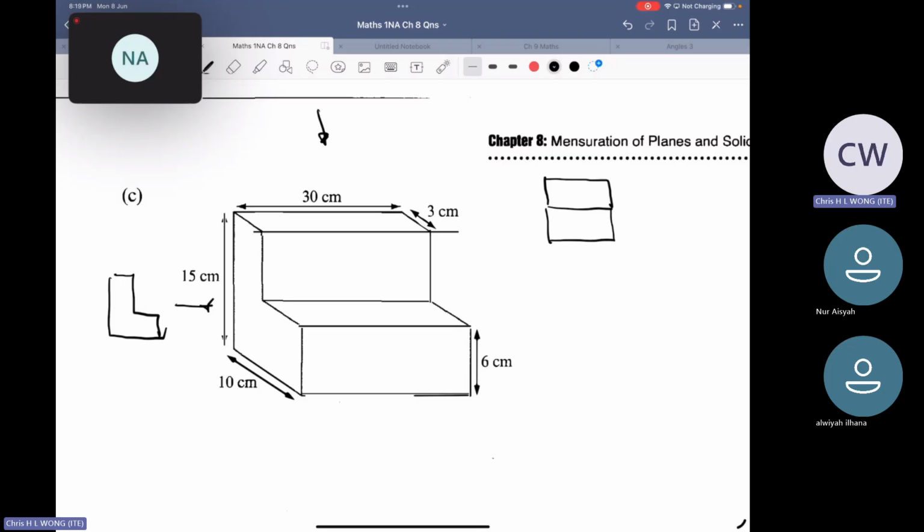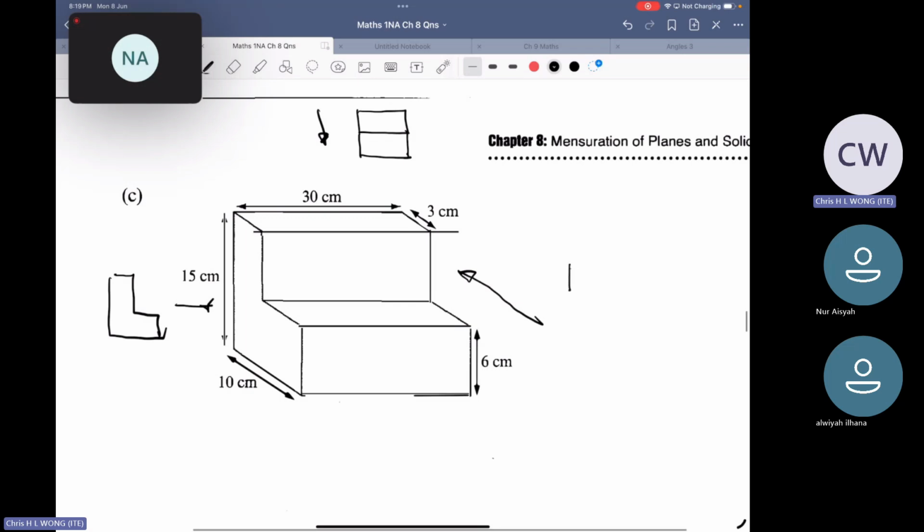Do you agree? If I look from the top, I will see this. Isn't it? If I look from the front, what do I see? Yeah, two what? Very good.